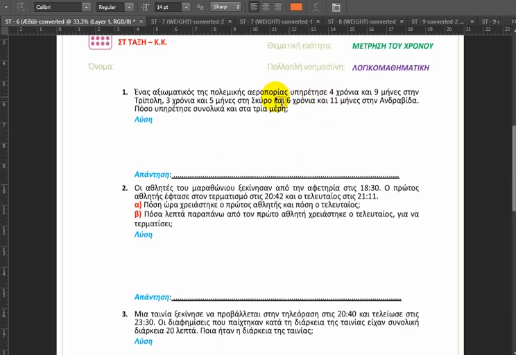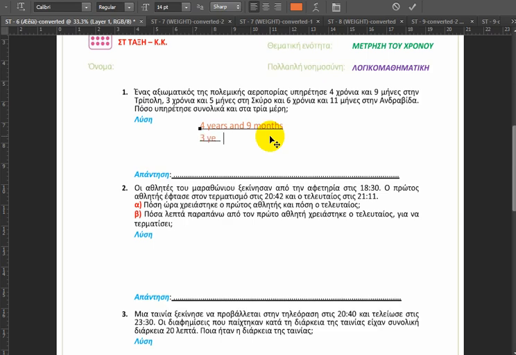Here we have someone who was for 4 years and 9 months in one city, and 3 years and 5 months in another city, and 6 years and 11 months in another city. And it asks us what the total was. So we have 4 years and 9 months. We can't convert this into days because we don't know which months, whereas before we did.